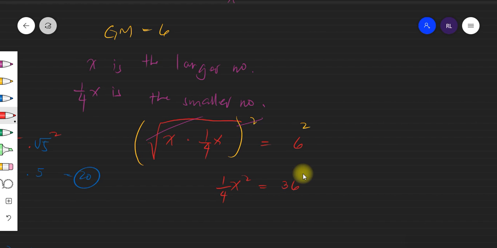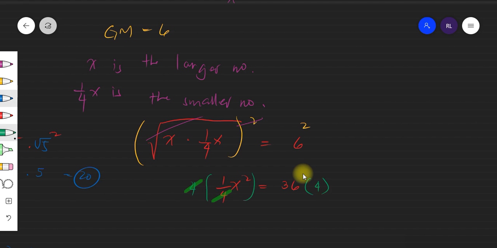How do we eliminate 4 in the denominator? We multiply by 4 so that the 4s cancel. You are left with x squared, or 1x squared. Remember, x squared and 1x squared are the same. Since we multiply by 4, we also multiply by 4 on the other side.